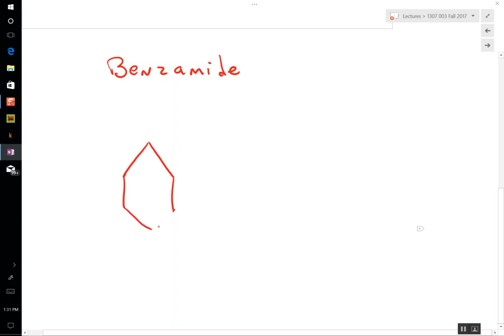So the amide, benzene is going to be like that. The amide has to have this and then this. Benzamide. So you have to have the carbonyl and an NH2 on the carbonyl carbon.